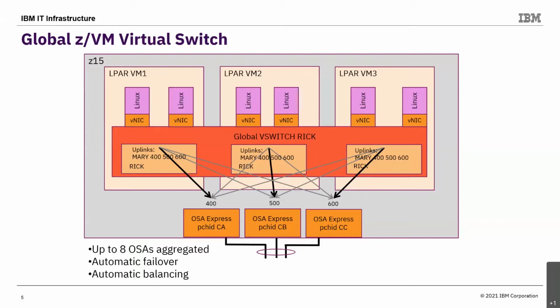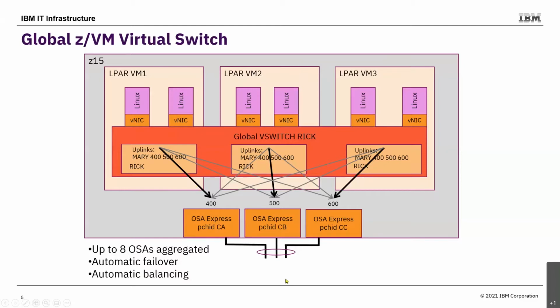And what we do is we allow a single port on our virtual switch that we've created to connect to one or more real OSA Express cards. And that's how we get connectivity to the outside world. So if a Linux guest goes to a destination MAC address that does not reside within this layer of VM, we send it to the outside world to resolve that address and send the data out that way.